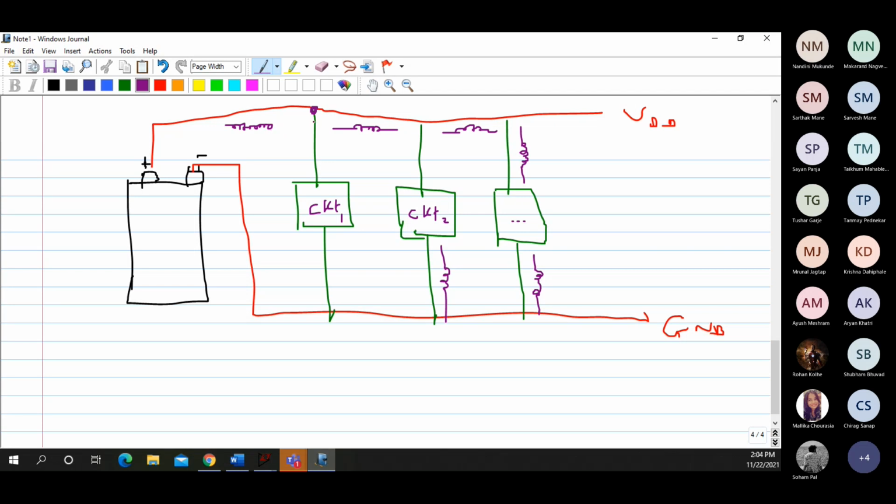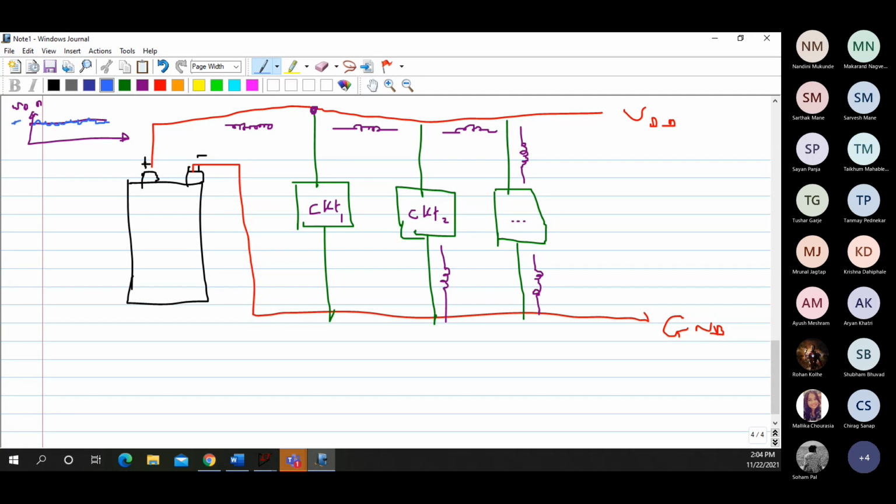So that is the reason why on this line we should actually get a perfectly flat value of a DC signal on the VDD. But because there are many circuits connected to VDD and ground, we get a fluctuation on these lines.